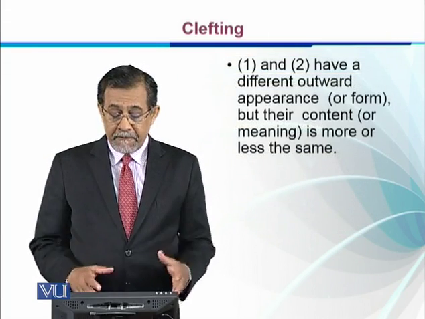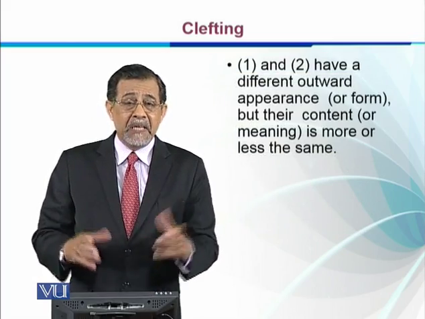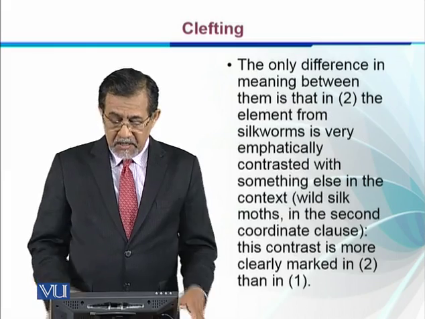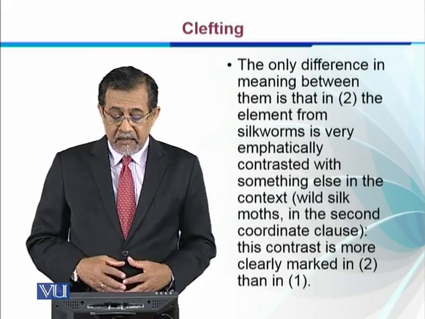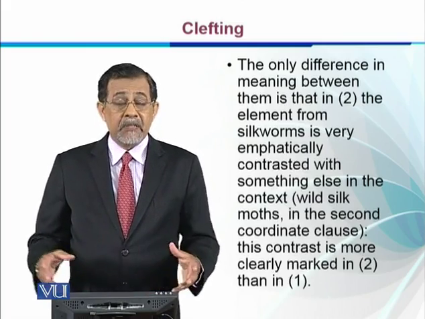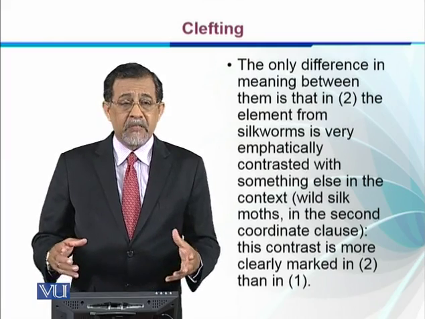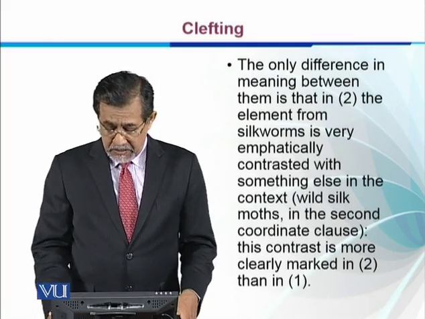Sentences 1 and 2 have a different outward appearance or form, but the content and the meaning are almost the same. The only difference in meaning between 1 and 2 is that silkworm is very emphatically contrasted with something else in the context, that is, wild silk moth. This is how we do this process.